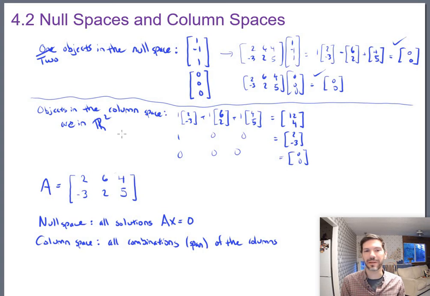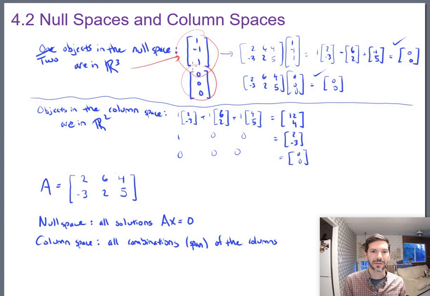Objects in the null space, on the other hand, are in R3 because they tell us how to combine the 3 columns that we have and get a 0 vector as a result. So objects in the null space are that and that. Objects in the column space are that, that, and that.